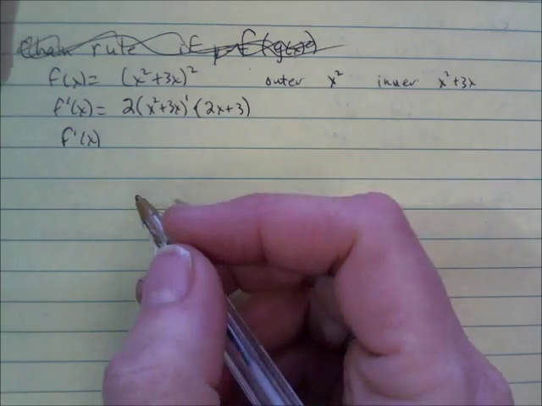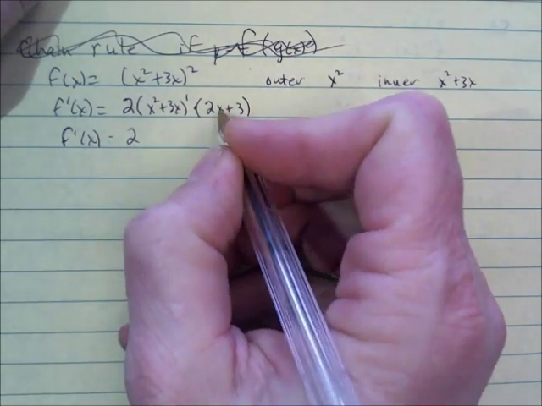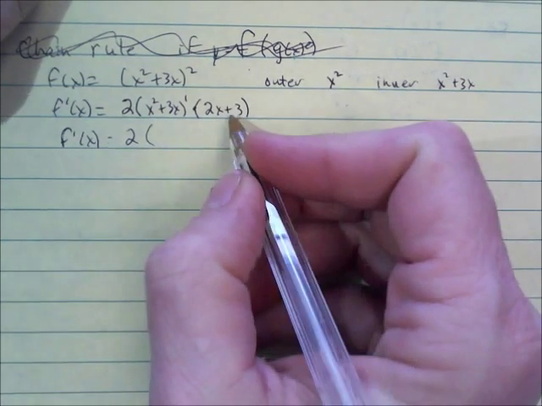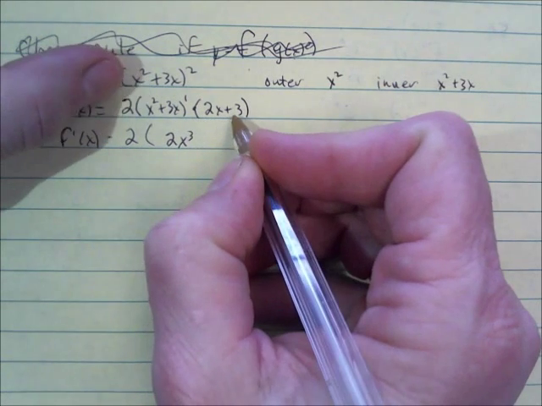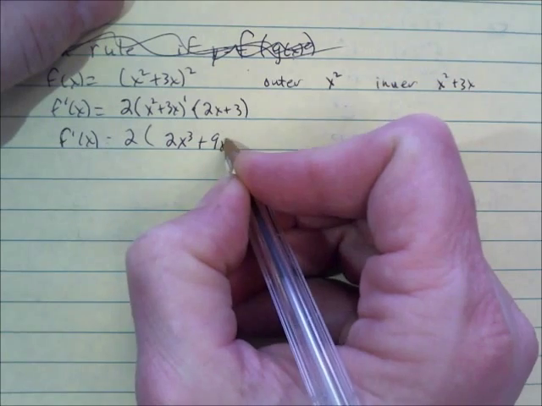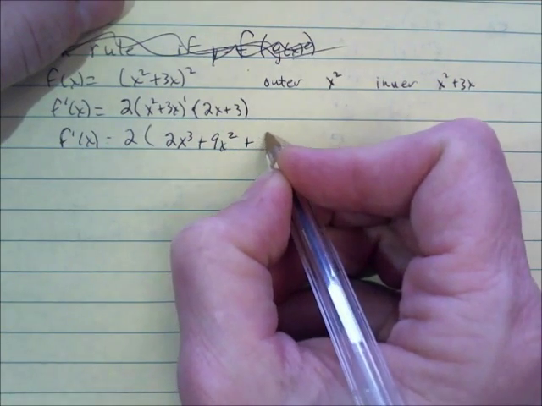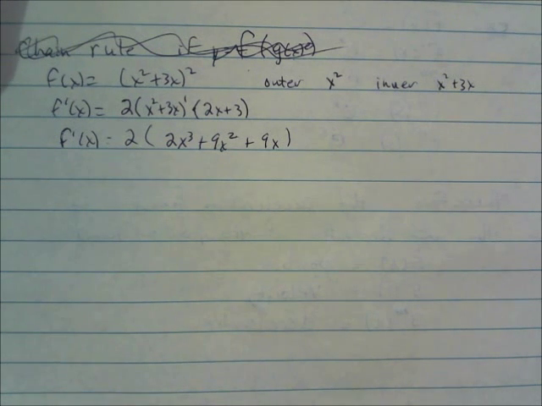Now to finish up this problem, the only other thing we could do is FOIL these two binomials together. So we have 2 times 2x to the third, and 3 plus 6 is 9x squared plus 9x. If you wanted to distribute the 2, you could, but that's a good final answer.